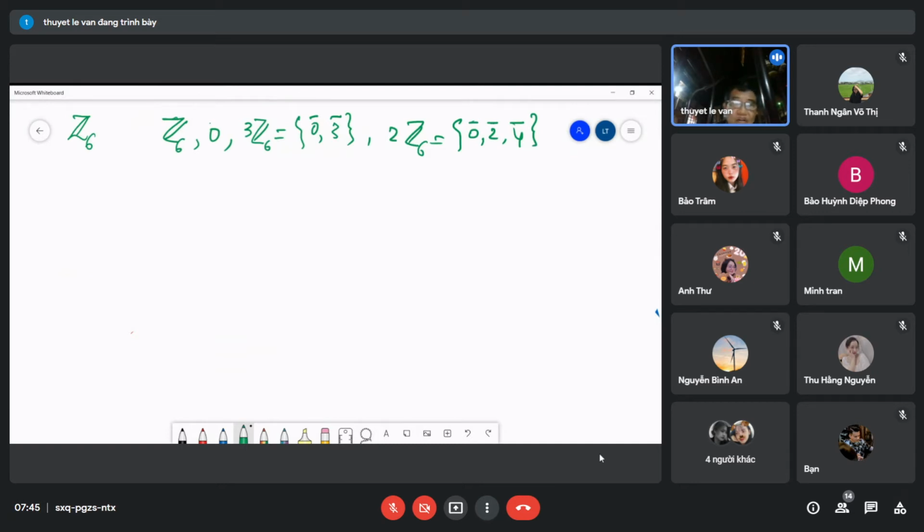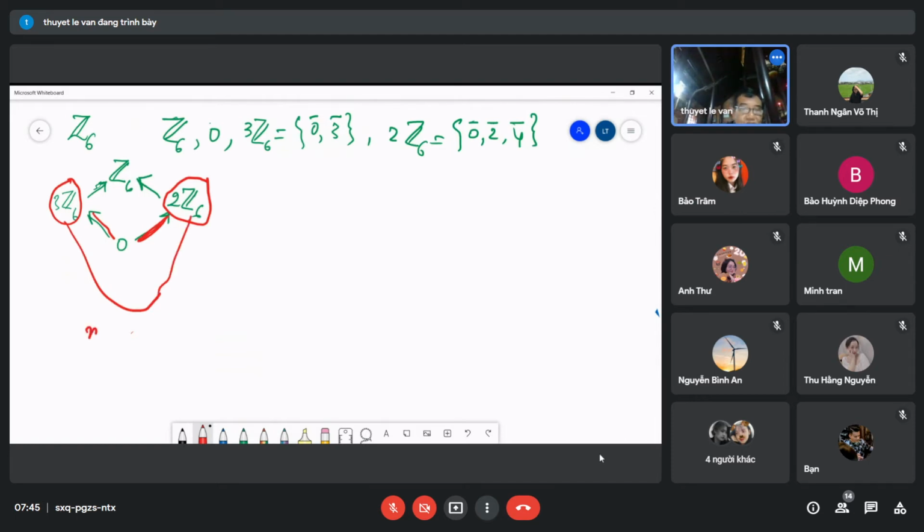Okay, that is all. And then you can draw Z6 here, and 0 here, and between them 3Z6 and 2Z6, and then you have the diagram. So you can consider here that it is minimum, because between here there is no submodule, so that is a minimum submodule.